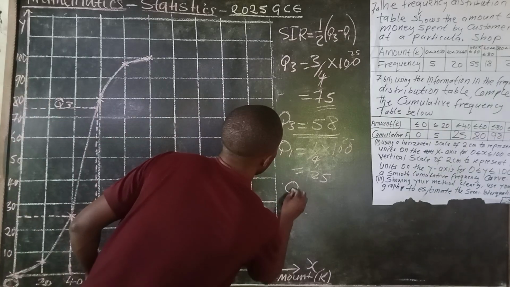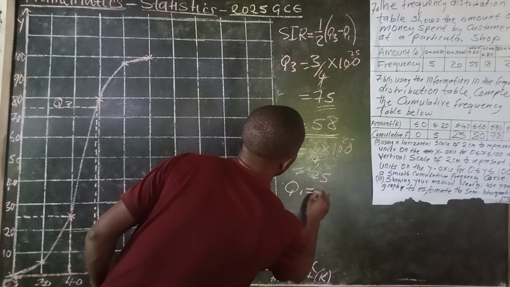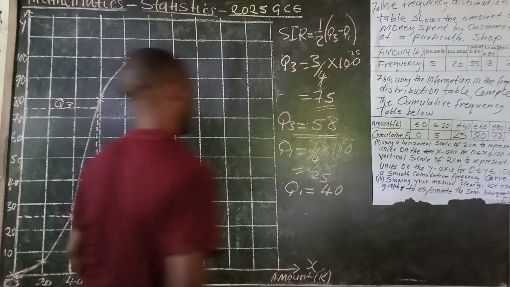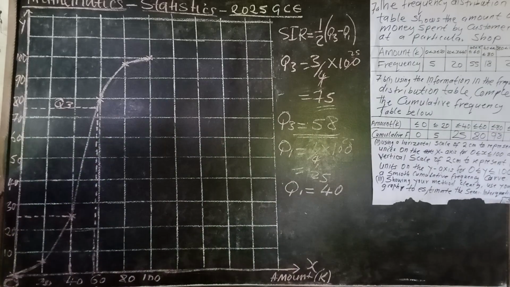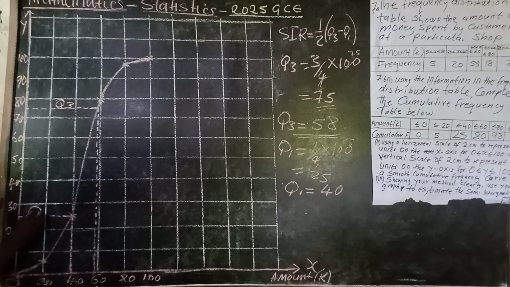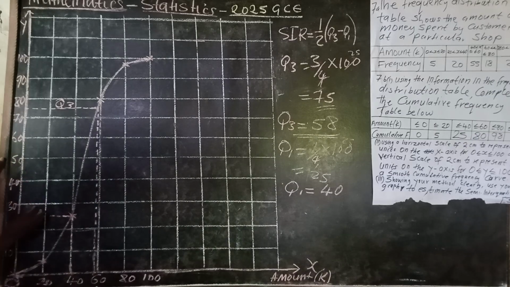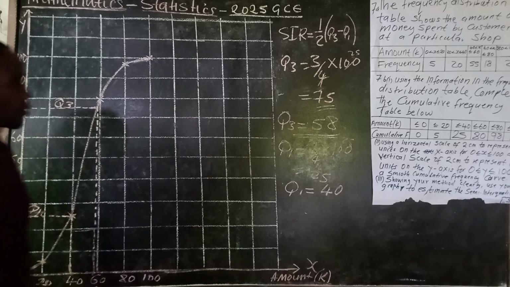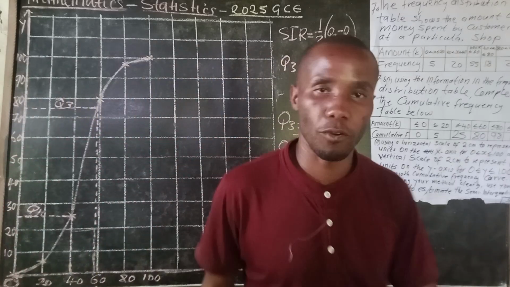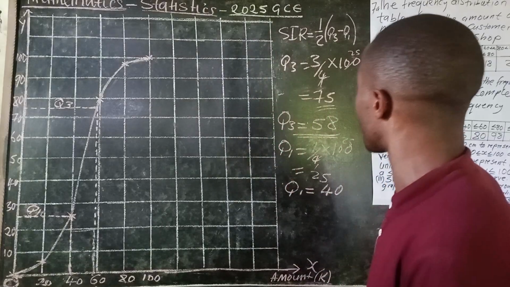Therefore, the lower quartile is equal to 40. Here you can also indicate Q1 representing lower quartile. So that one is 40. That is lower quartile. Upper quartile 58.